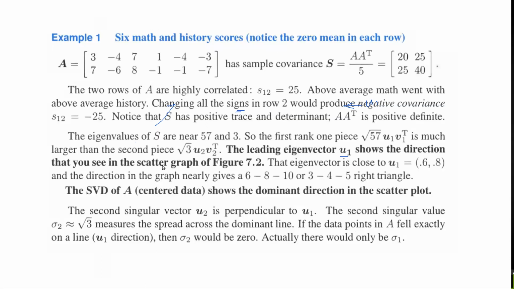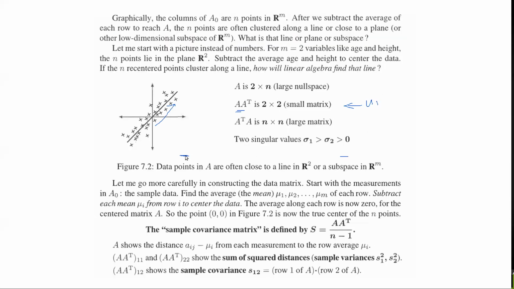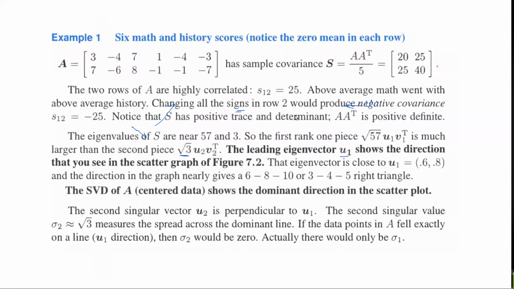Actually, I think this singular value will give the spread. I think it's in the next slide. It will give the spread of the data, how much the data deviates from the principal direction. So the most important information is concentrated in the singular values and the singular vectors.